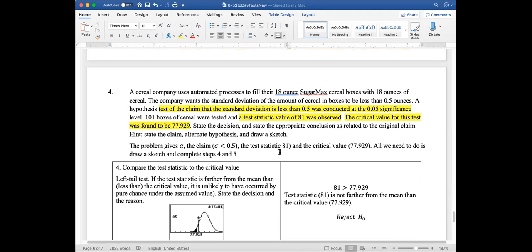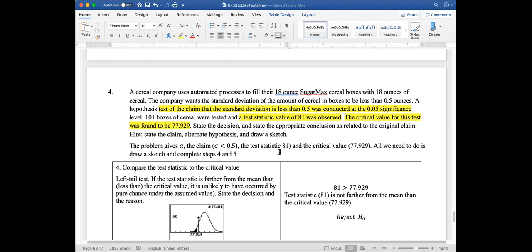A cereal company uses automated processes to fill their 18-ounce Sugar Max cereal boxes with 18 ounces of cereal. The company wants the standard deviation of the amount of cereal in boxes to be less than 0.5 ounces. The hypothesis test of the claim that the standard deviation is less than 0.5 was conducted at the 0.05 significance level.